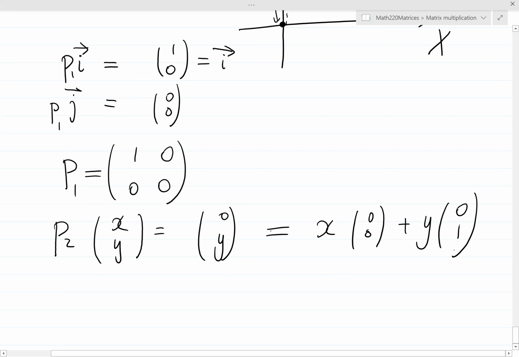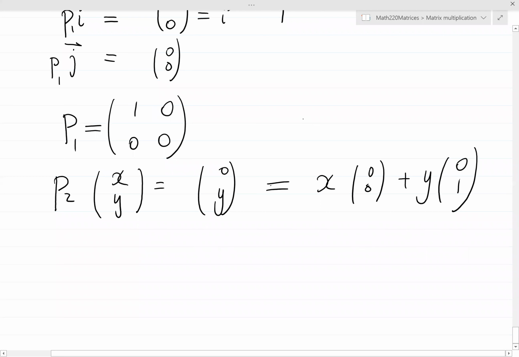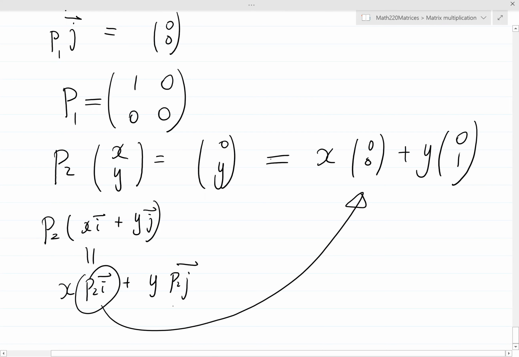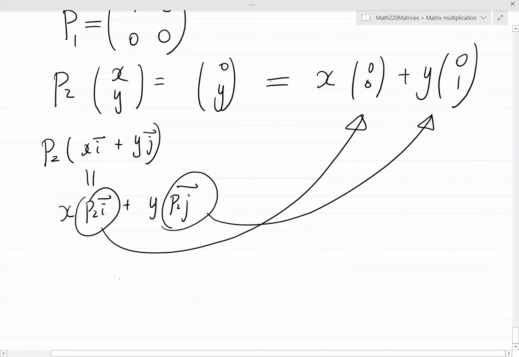So if you take P2 of (xi + yj), this will be equal to x P2 i plus y P2 j. If you compare the terms that have x and the terms that have y, you get i goes to the zero vector, which is (0, 0), and j goes to j, which is (0, 1).